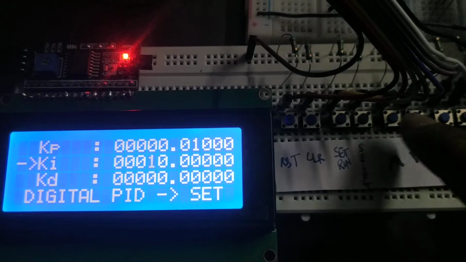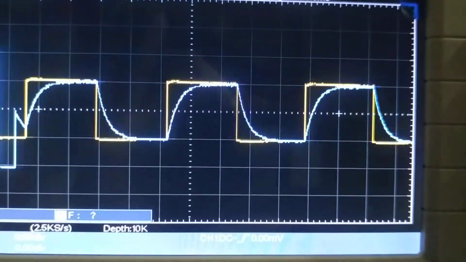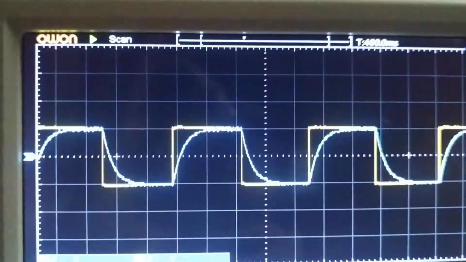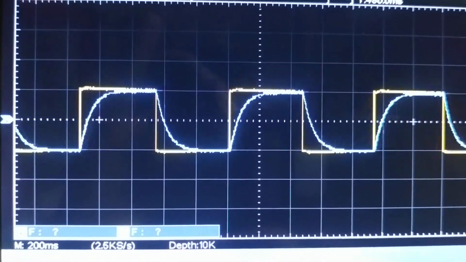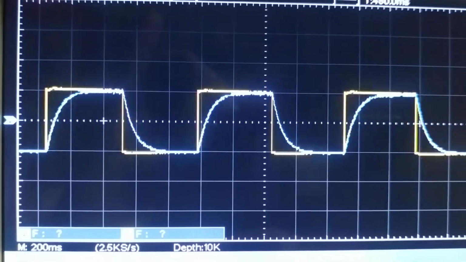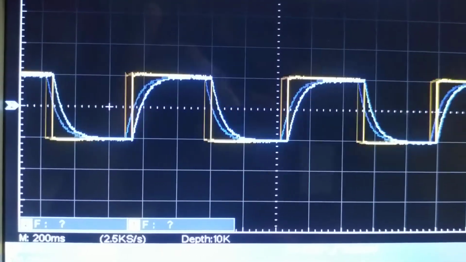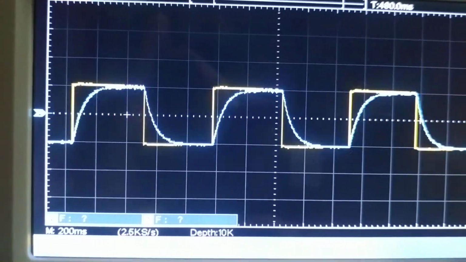And now run it. This is the output of the plant. So we can see the PID controller gives the output which is fed to the plant, and this is the plant output.